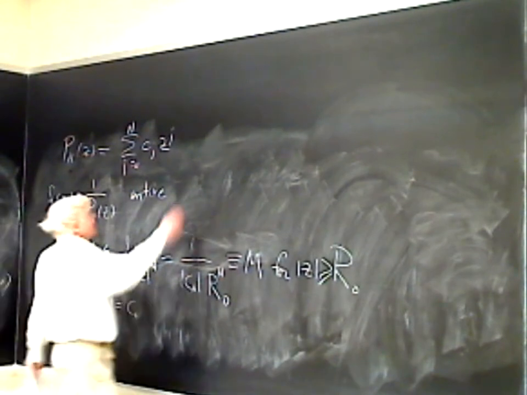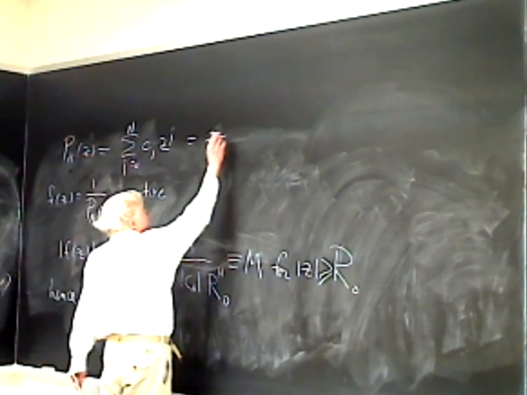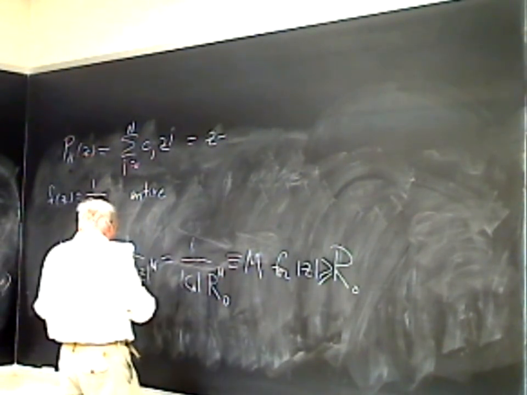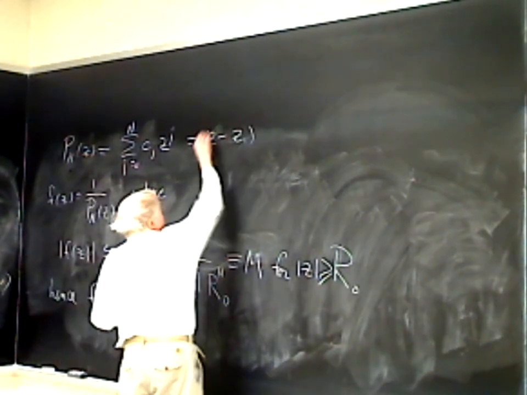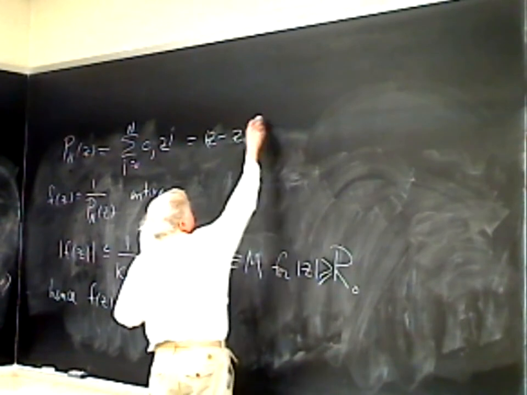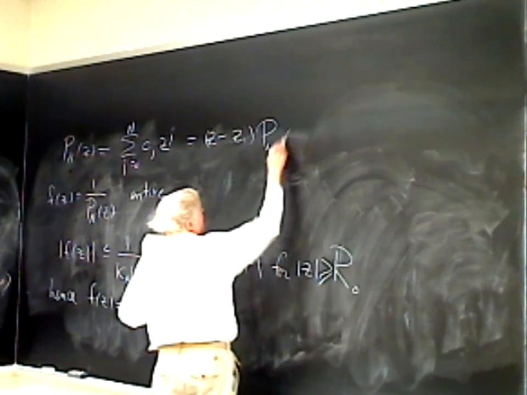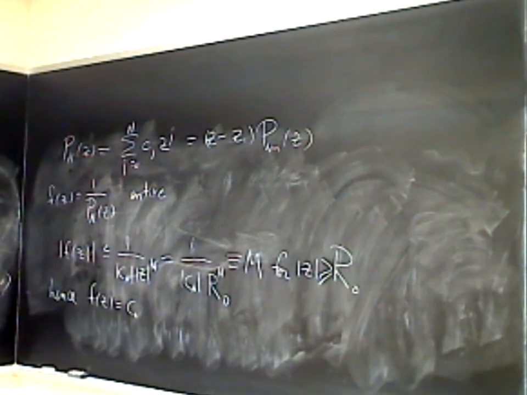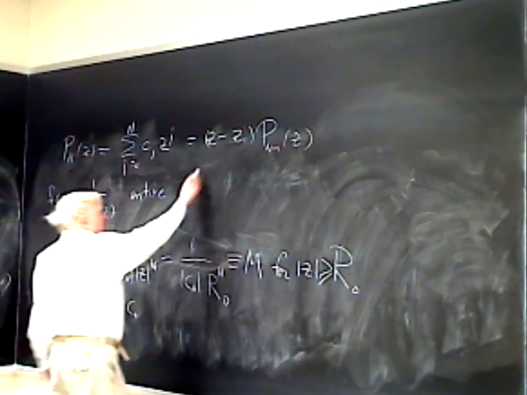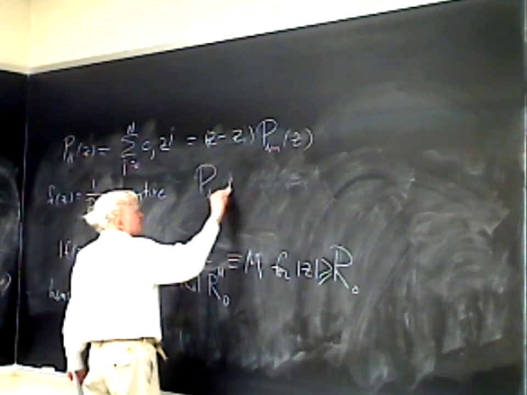So then what you say is, if this is equal to z minus, and what did I call this? Z minus z1 times some other polynomial, pn minus 1 of z. So the next thing you do is you start over and you apply Gauss's reasoning to the polynomial pn minus 1 of z.